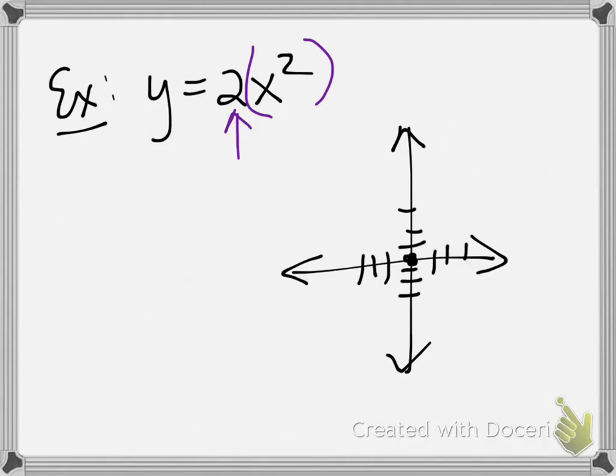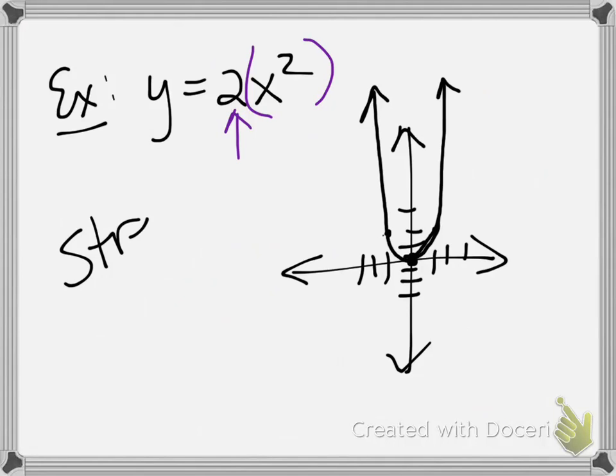And now instead of going up 1 over 1, my first point to the right will be up 2 over 1, and my first point to the left will be up 2 back 1. And then when I connect it, I'm still going to make a U, which is sort of hard to do on this, but y equals 2x squared is just skinnier. So this is a stretch. Anytime your number is greater than 1, it will be a stretch.